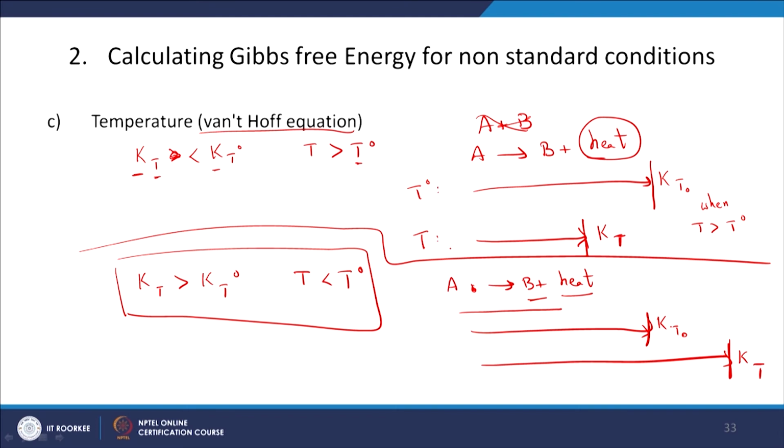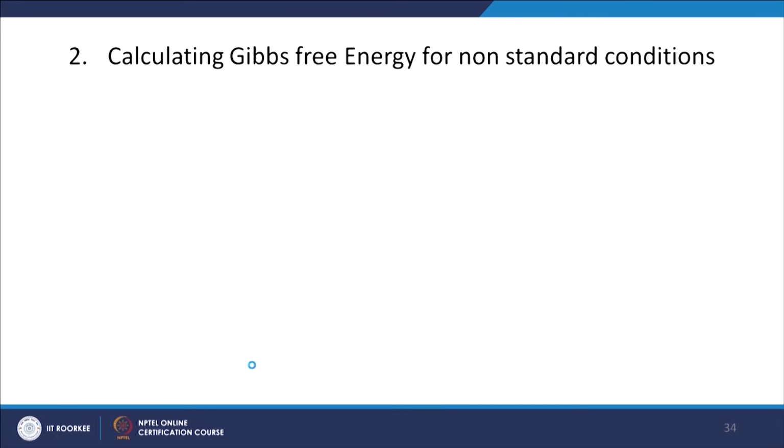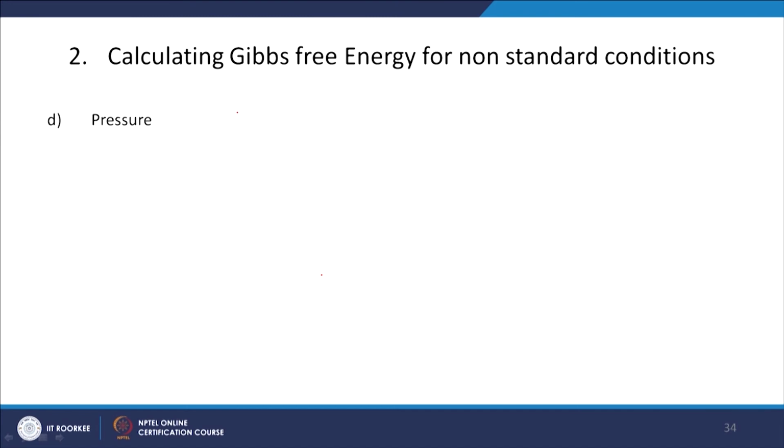So we are done with composition and we are done with temperature. Now we are going to move on to pressure. Let me look up the relevant equation that I have here. We are going to look at this particular reaction: C2H6 plus 3.5 O2 goes to 2 CO2 plus 3 H2O.